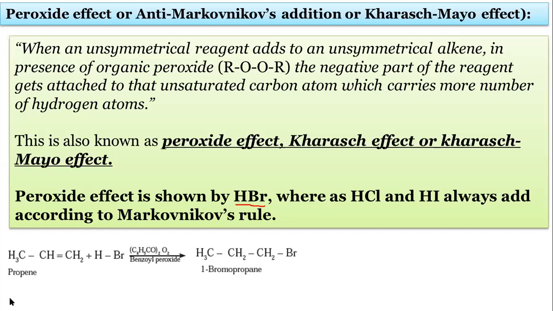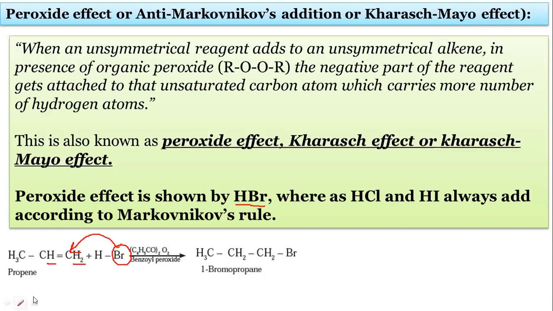Because see, this carbon is having the 2 hydrogens and this carbon having only 1 hydrogen, and this bromine gets attached to this carbon which contains more number of hydrogens. So this is according to the anti-Markovnikov's addition.